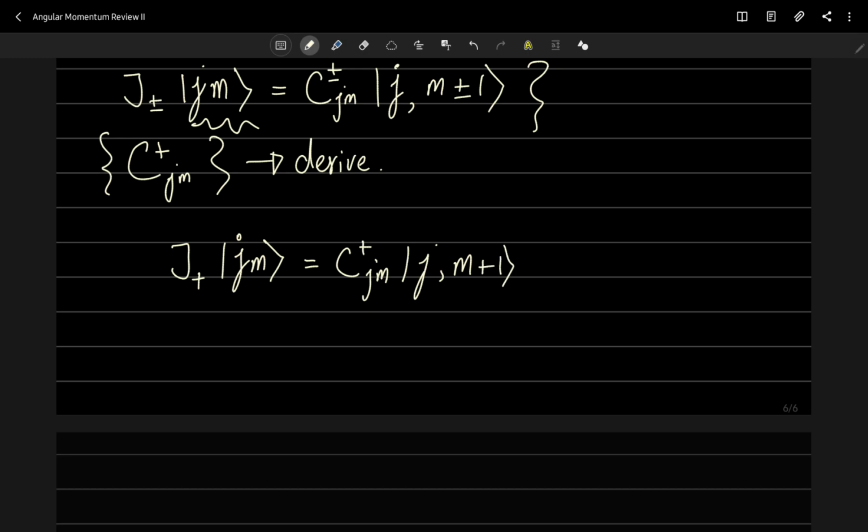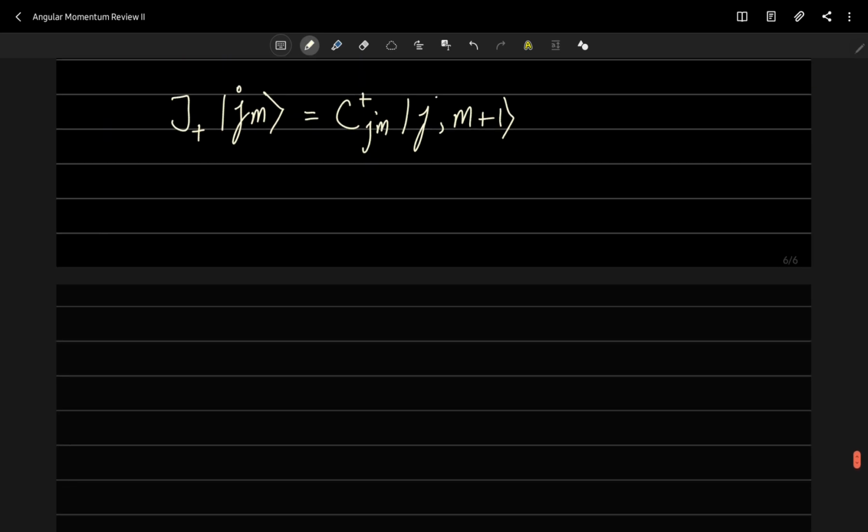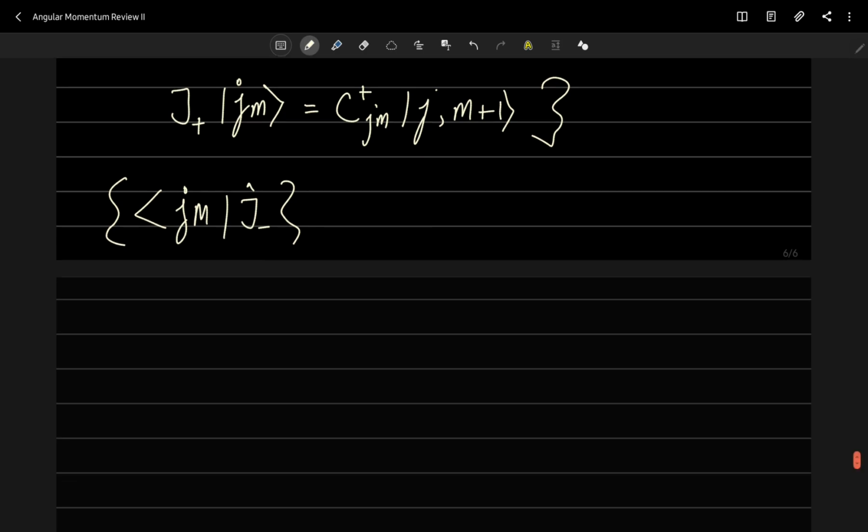And then I'm going to take this thing on this equation, that is <jm| J minus, and operate on it from the left hand side. So let's actually go ahead and do that.